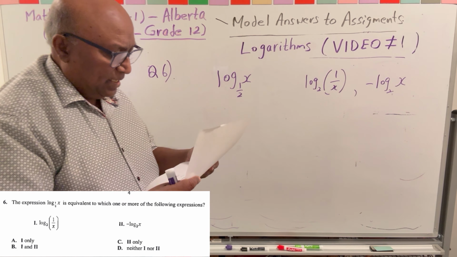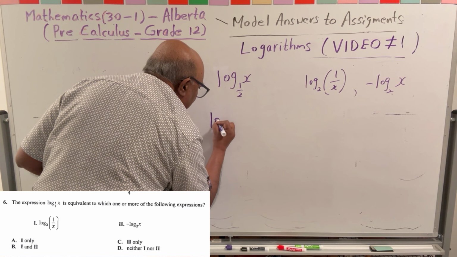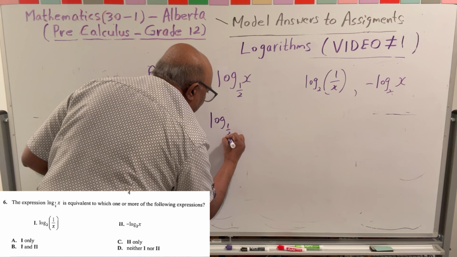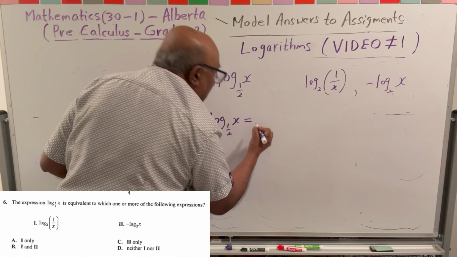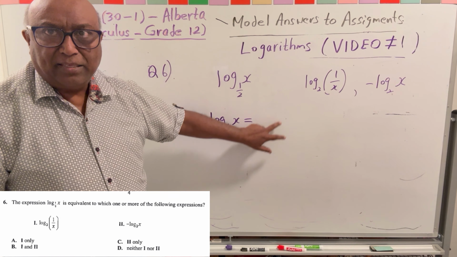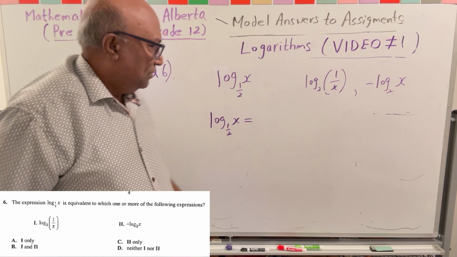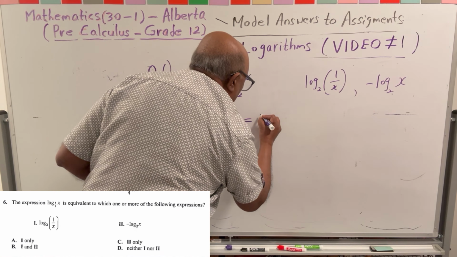Okay, now let's apply our principles. We can apply the change of base formula. Log half x. Okay, now let's try to rearrange this without writing the basic formula. How do you rearrange?